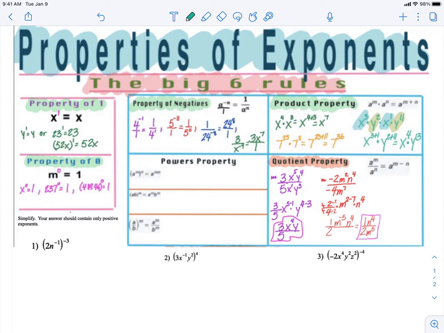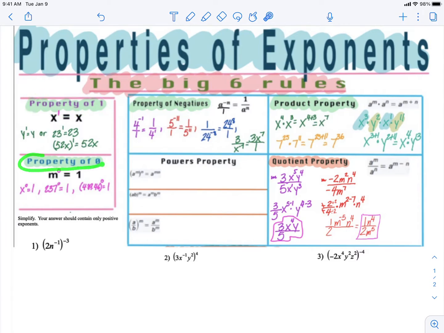Let's get started. These notes are called properties of exponents, but this time we're doing part number 3. So, properties of exponents part 3. As we've learned, we have the big 6 rules. First was the property of 1.